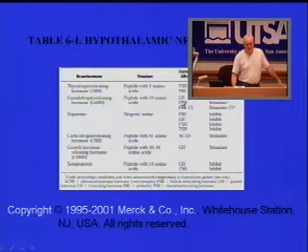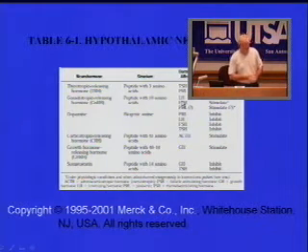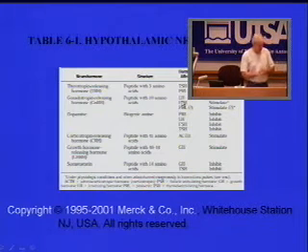And so that serendipitous discovery actually turned out to be very clinically relevant, especially for suppressing the pituitary in patients that suffer from endometriosis. And we'll bring that up again when we talk about the HPG axis.